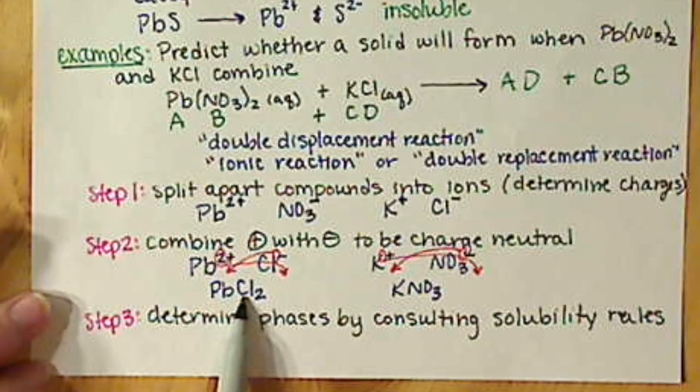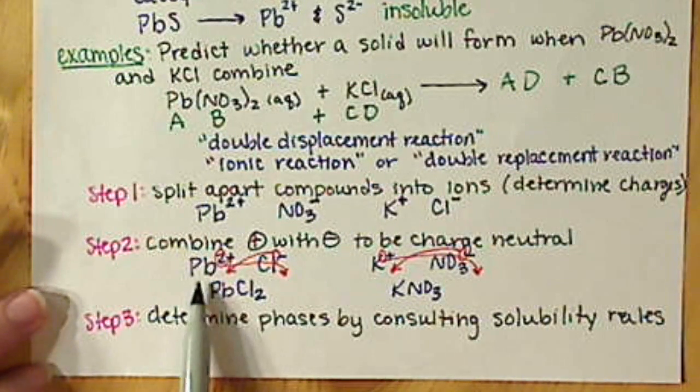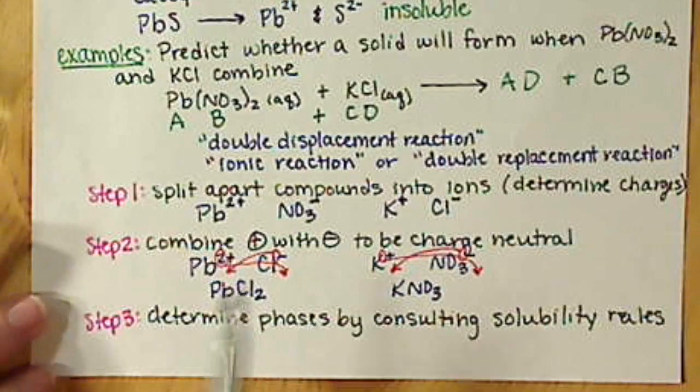So our PbCl2, and we have lead 2+, and we have our chloride ion.